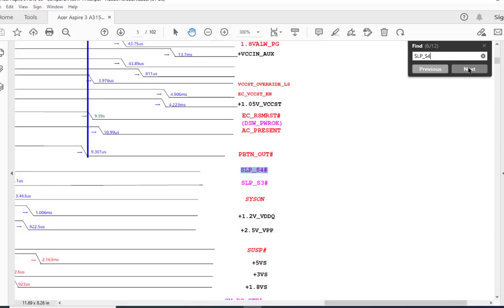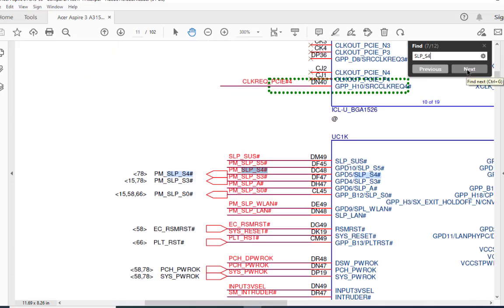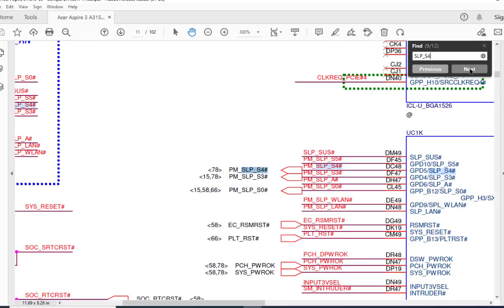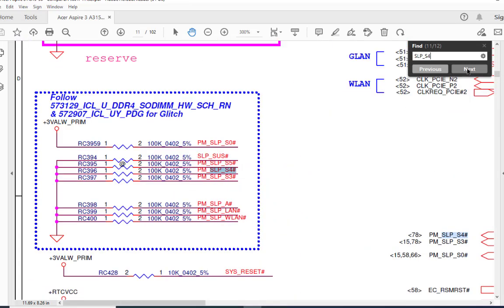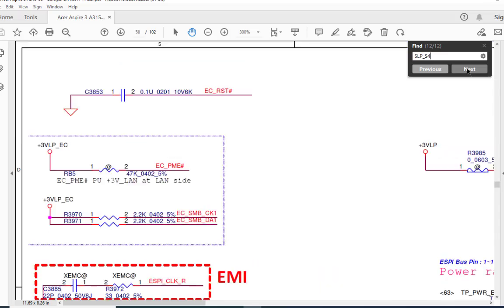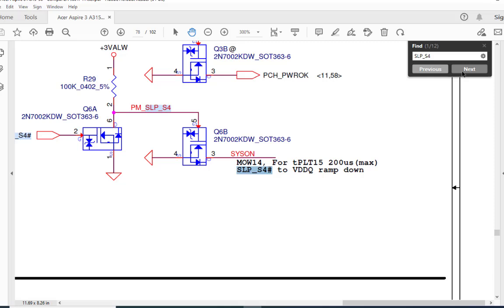You can check the signal anywhere. Here are some test points. The CPU generates these SLP_S4, SLP_S3 and SLP_S0 signals after receiving RSMRST and the PM power button. You can't check the signal at the CPU, but of course you can check it here.